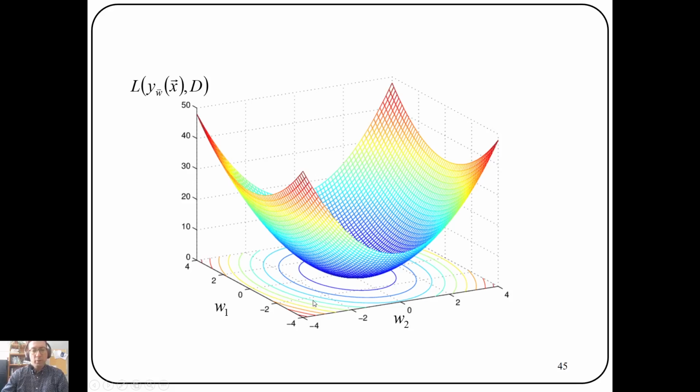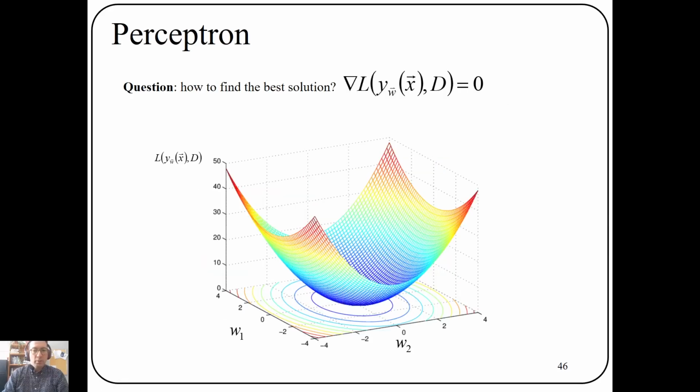We would see that the loss is minimum where the best combination of W1 and W2 is, and the loss would become large for bad solutions.